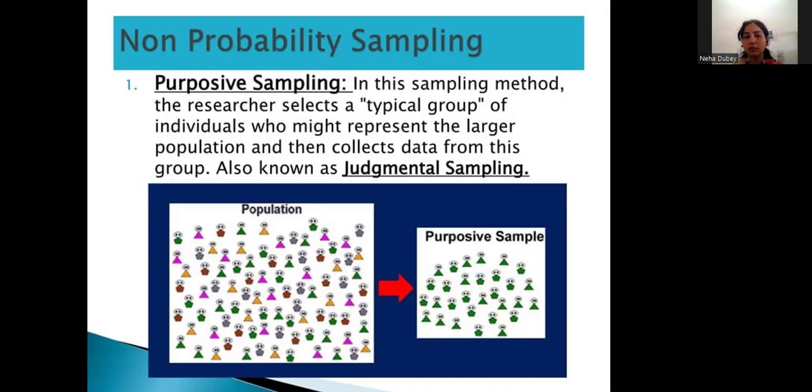We can select the pink or yellow dress-wearing students. Means we are making a judgment on the basis of certain characteristics or features so that we can choose a certain group. That is purposive sampling.